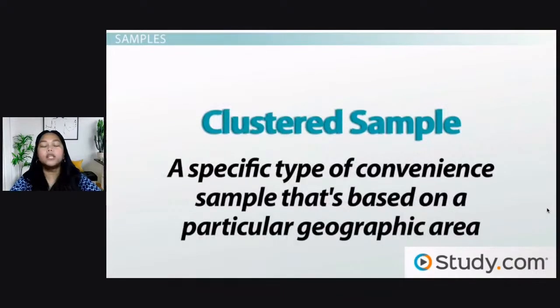Now, if you are talking about clustered sample or clustered sampling, you have a specific type of convenience sample that's based on a particular geographic area. So naka-clustered yung inyong sample. It is a very specific type of convenience sampling. So say you are using clustered sampling, no?